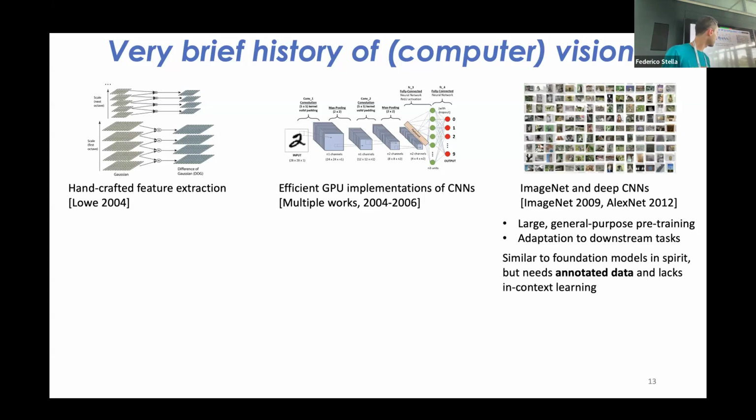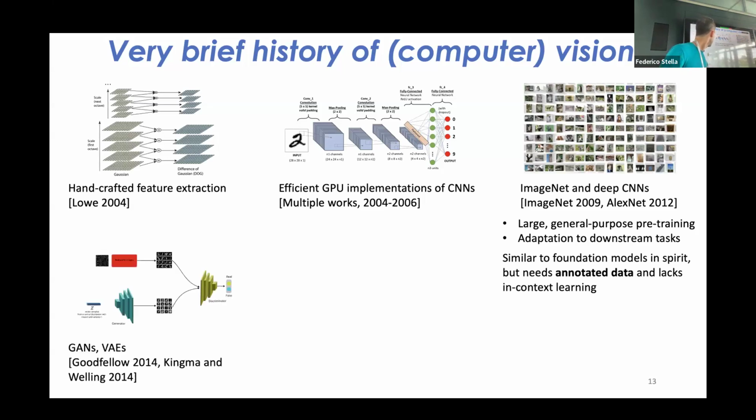But the difference with the language models we have now is that they need annotated data. For each image, we need the class of the image, so the object contained in the image. Or if you want the bounding box, we need the bounding box too. For segmentation, we need the segmentation mask. So we always need annotated data.